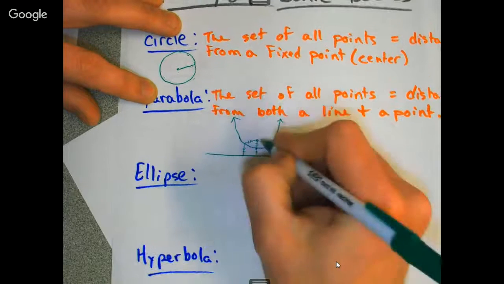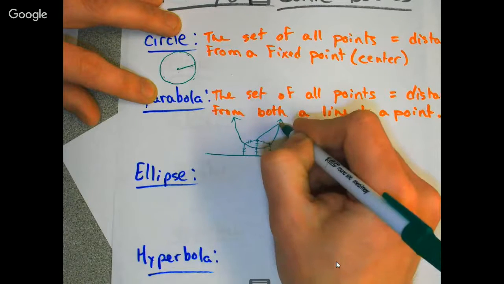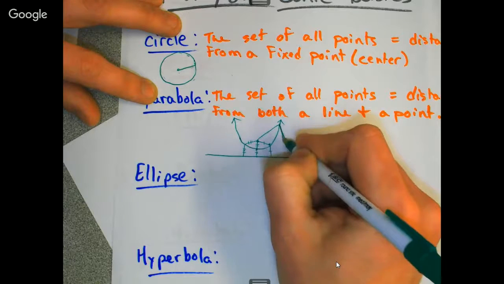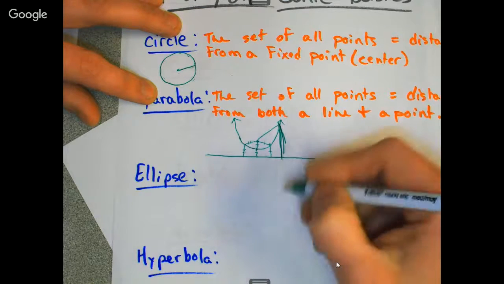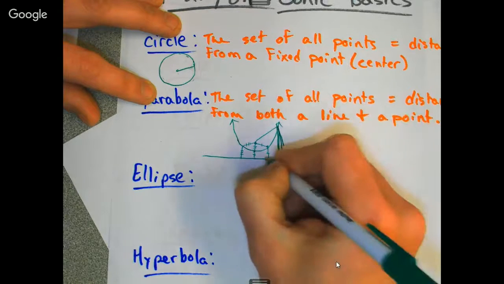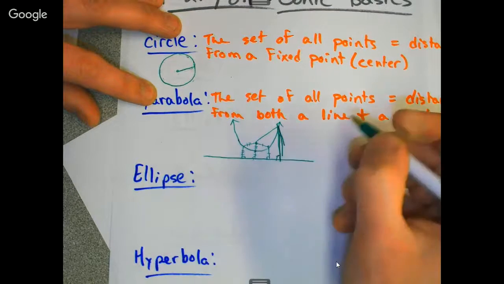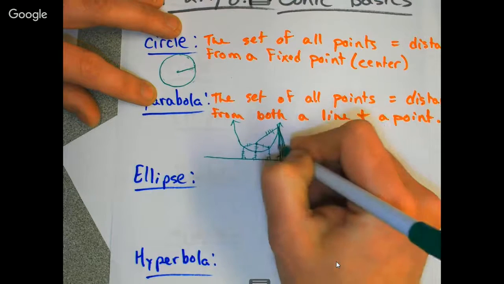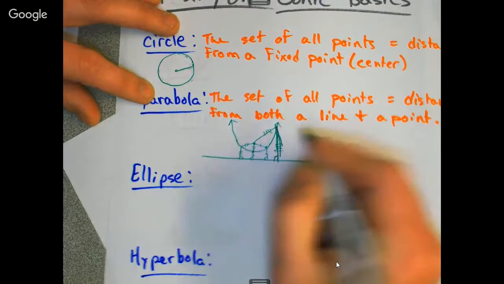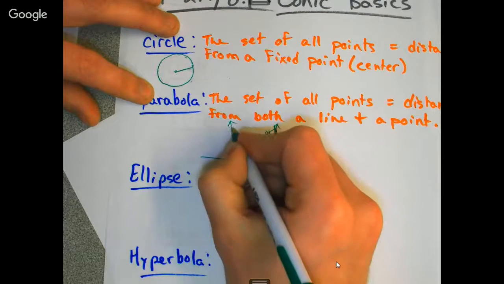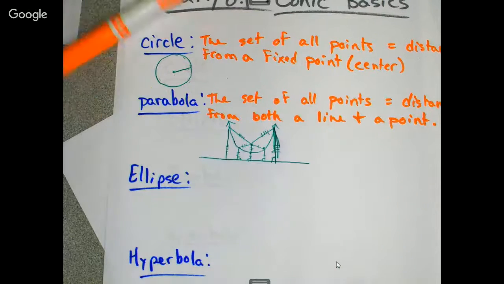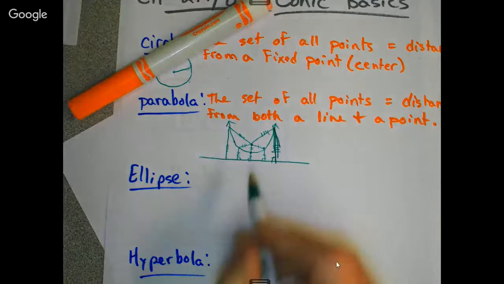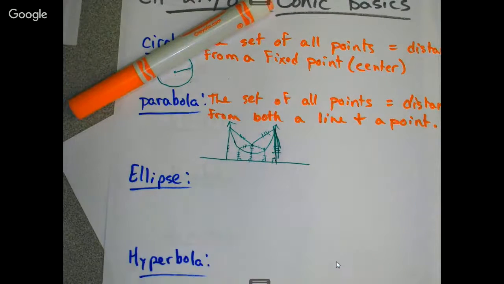Sorry, the distance is perpendicular to that line, so all these are 90 degrees. So those distances are the same. So a parabola is defined from a fixed point and a line, with equal distance.